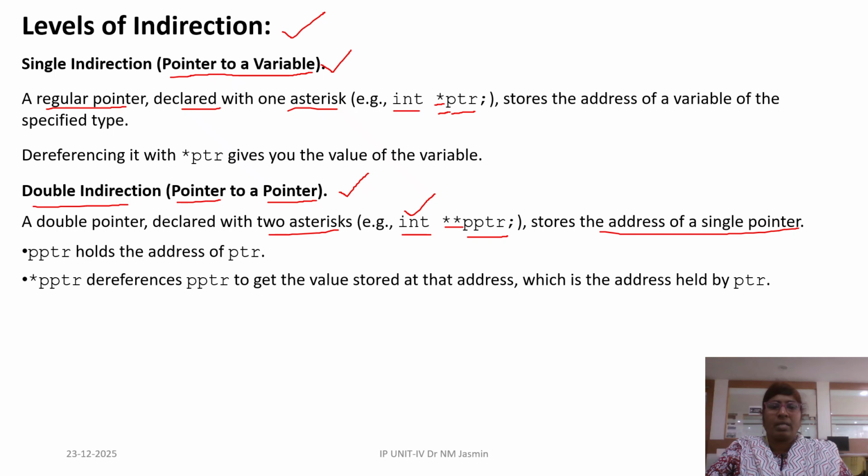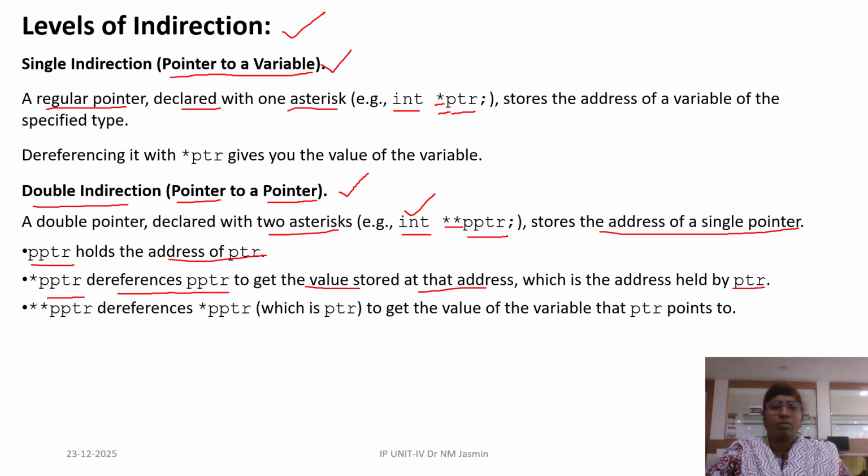The pointer holds the address of the pointer. The double asterisk dereferences the single pointer to get the value of the variable that the pointer is pointing to.